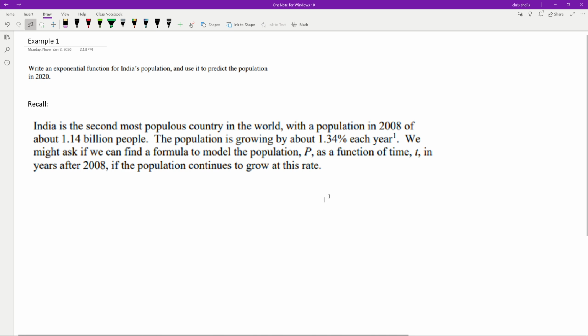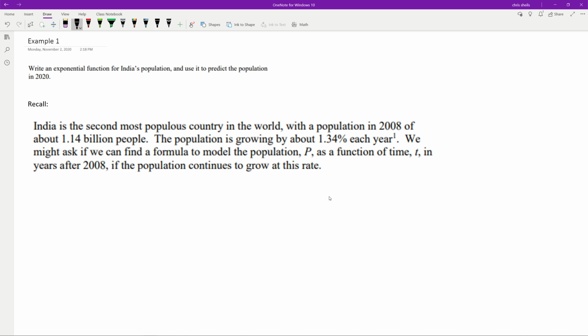India is the second most populous country in the world with a population in 2008 of about 1.14 billion people. The population is growing by about 1.34% each year. We might ask if we can find a formula to model the population P as a function of time t in years after 2008 if the population continues to grow at this rate.